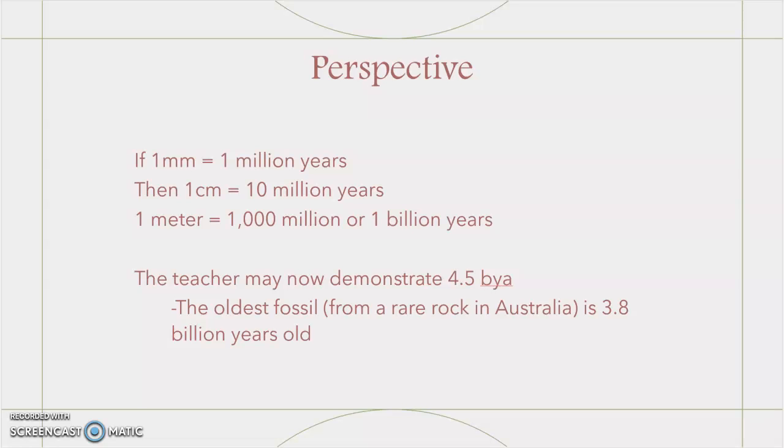If we were to take a scale of 1 millimeter equaling 1 million years, we would have to have 4.5 meters. That's over 12 feet of paper to fit the events that I had in that table onto your strip of paper. I know I set you up. Sorry. It's on purpose.